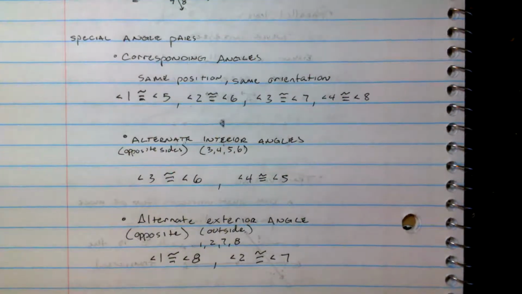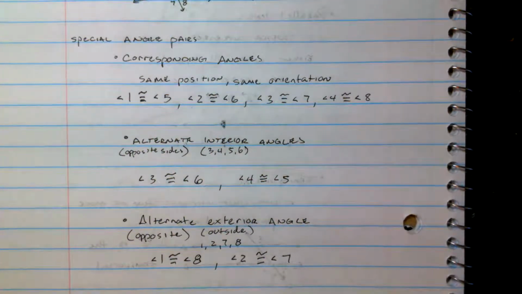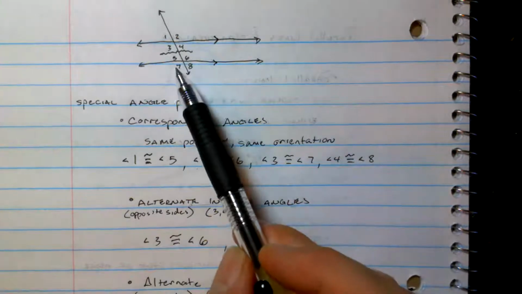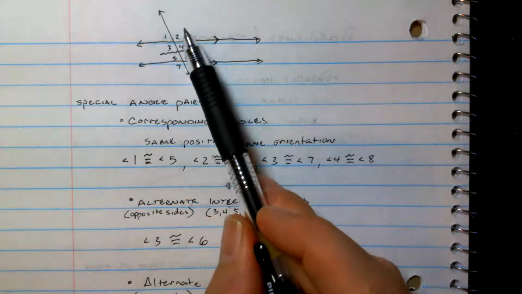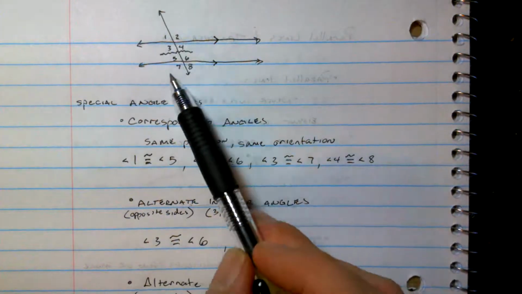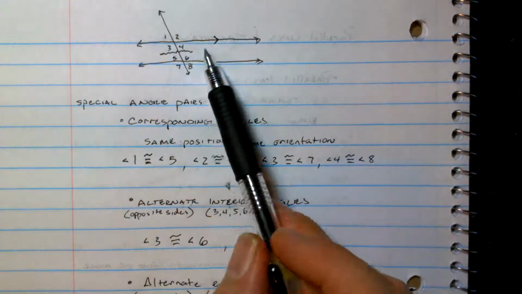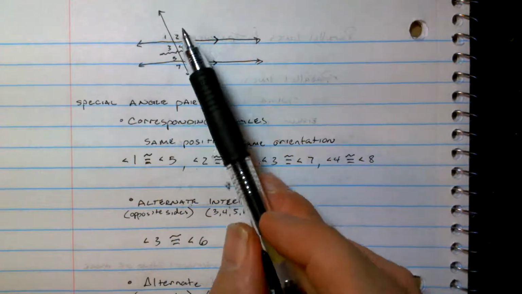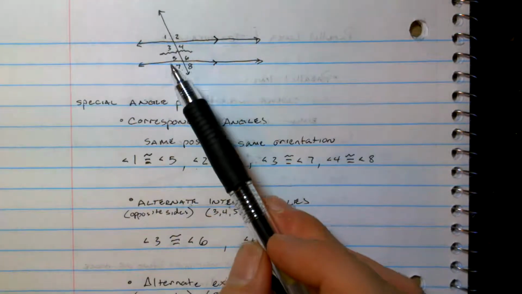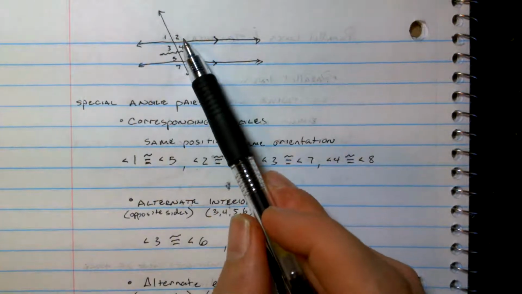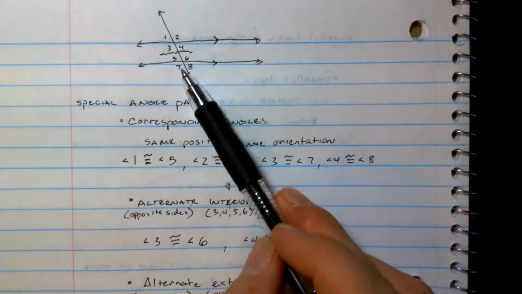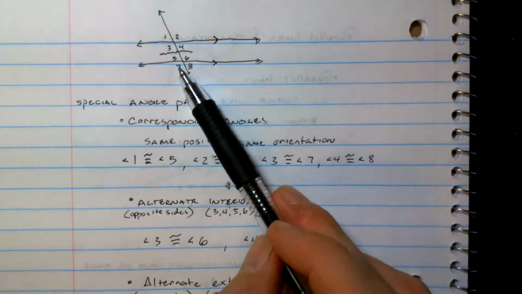If you reference back, you can see by an eye test, if you drew it somewhat correctly, those two, 2 and 7, are again outside, so we're looking above and below the parallel lines. These are interior, these are exterior, and we're talking alternate, so they are on opposite sides of that transversal. So we've got 2 and 7, and by eye test you would say they do look pretty similar. I probably could say they were equal.